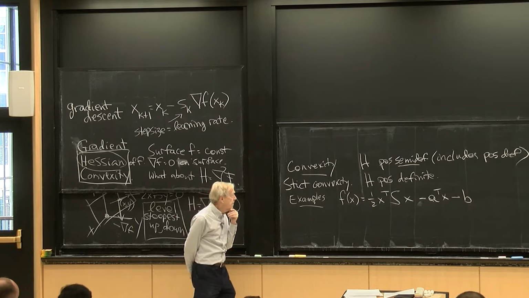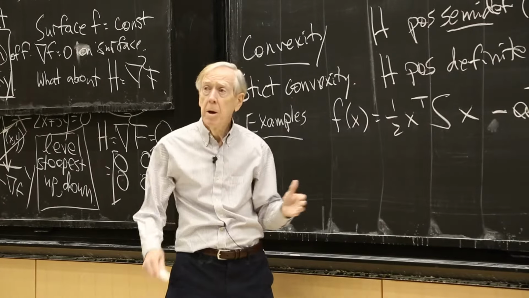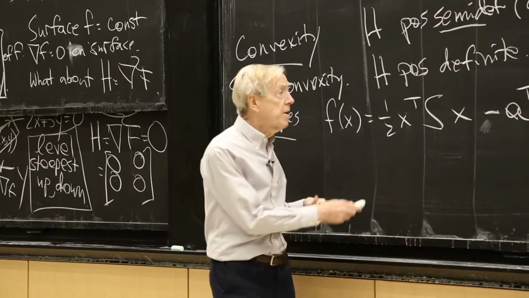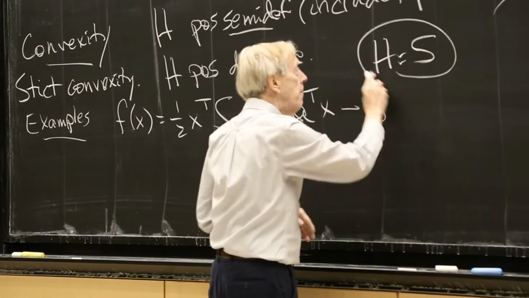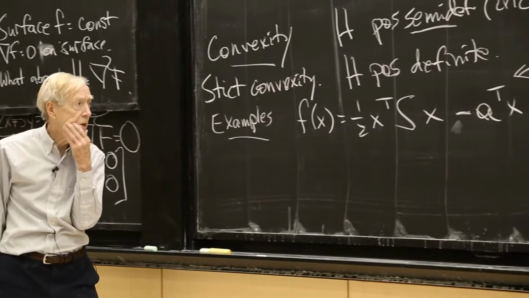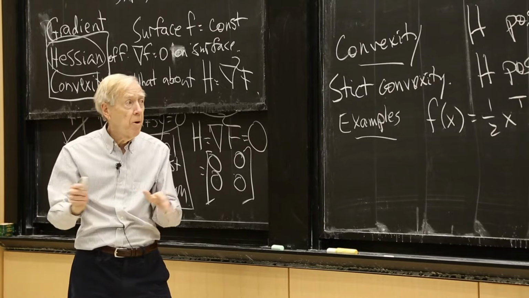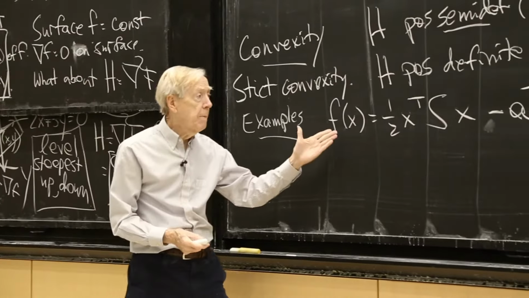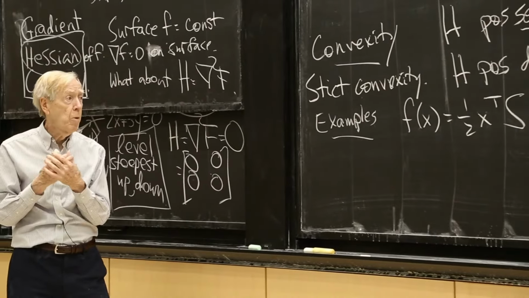So this function is strictly convex when S is positive definite, because H is now S for that function. Usually H, the Hessian, is varying from point to point. The nice thing about the pure quadratic is it's constant. It's the same S at all points.